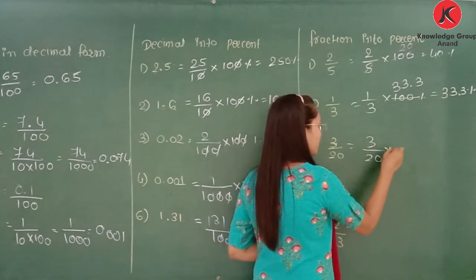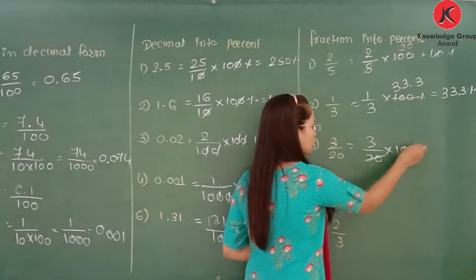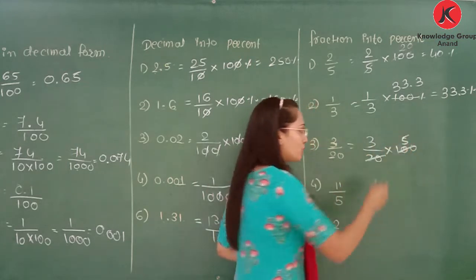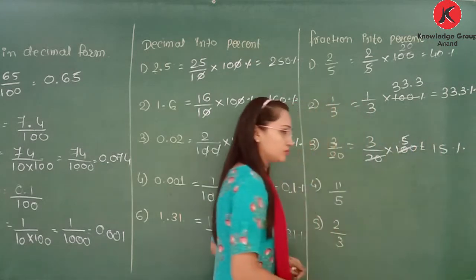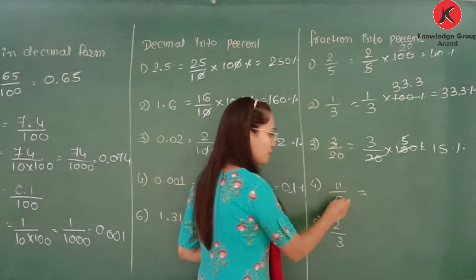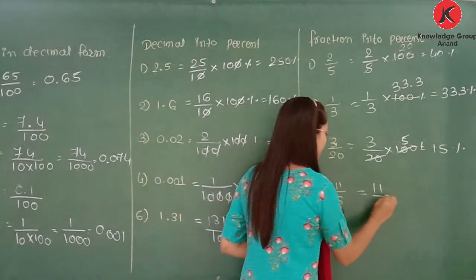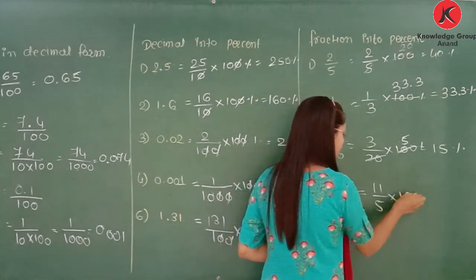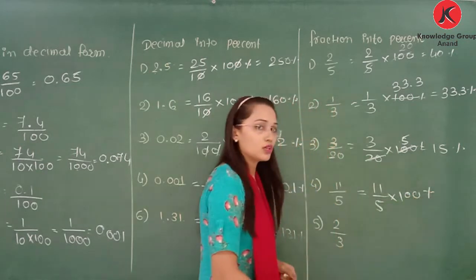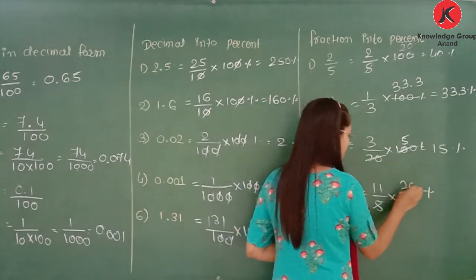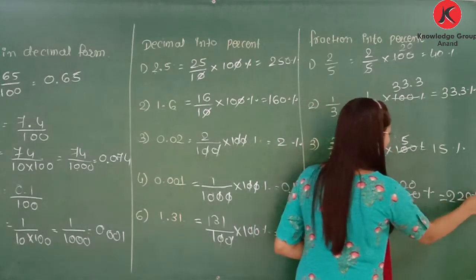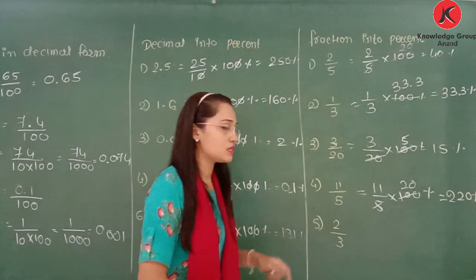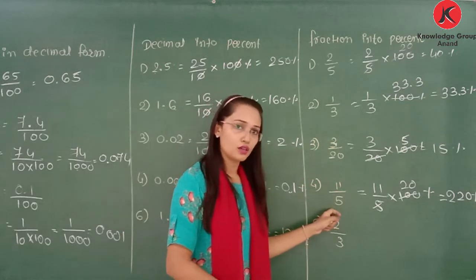Now the next one, multiply with 100 to find the percentage. 3 fives are 15, so that is 15%. Now next, 11 by 5. Again 11 by 5 is multiplied with 100%. 5 twenties are 100, and 11 twos are 22, so it is 220%, which represents 11 by 5.